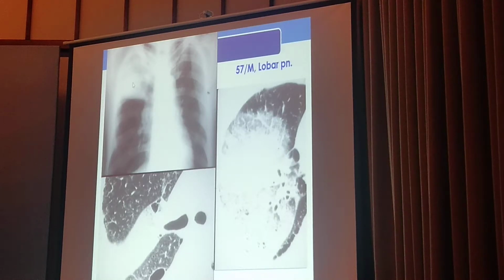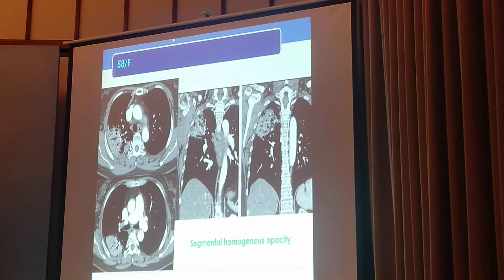In segmental consolidation like this, right upper posterior segmental consolidation with air bronchogram also shows homogeneous opacity. So homogeneous opacity suggests pneumonia rather than tuberculosis.